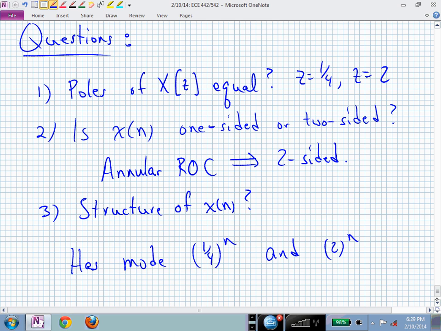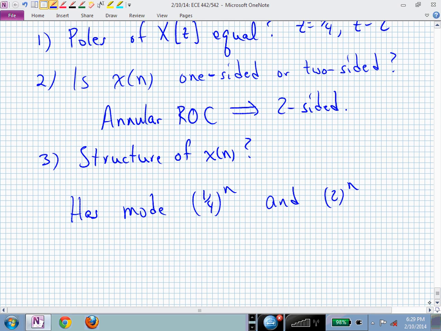And you can actually provide more information than that. What do you know about the mode 1/4 to the n and that power of n? Where is the region of convergence relative to 1/4?